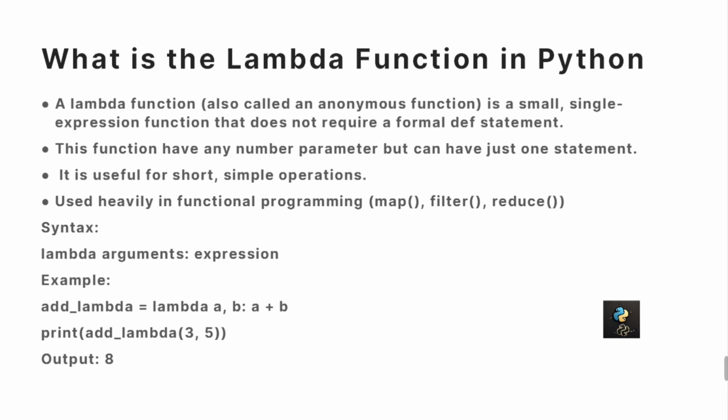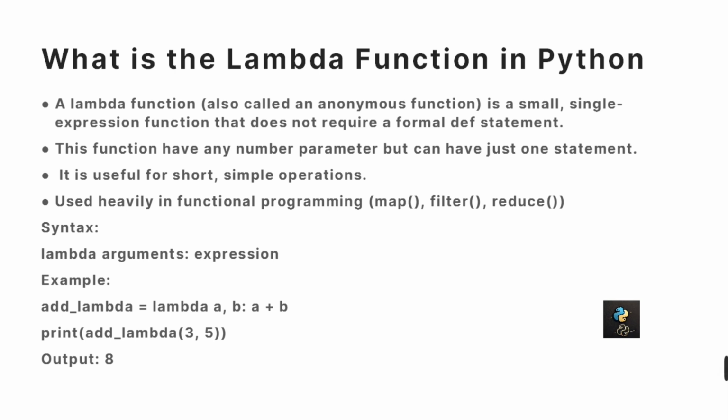Because whenever we write a lambda function, we do not give any function name with the help of the def keyword, like how we write normal functions in Python. We just pass the parameters and the logic expression, and all of this happens in a single line of code.